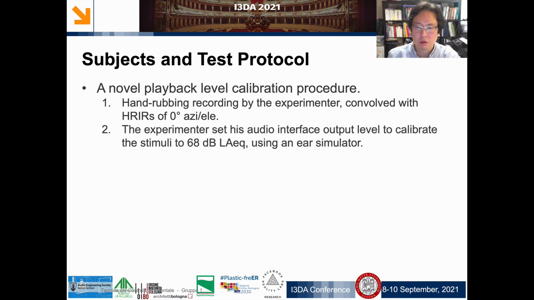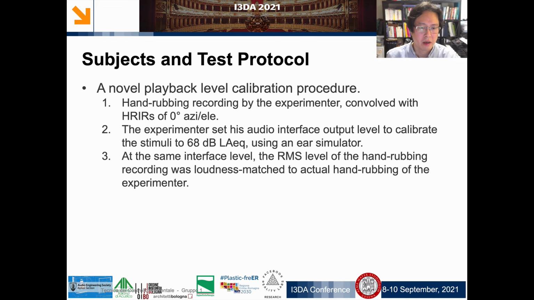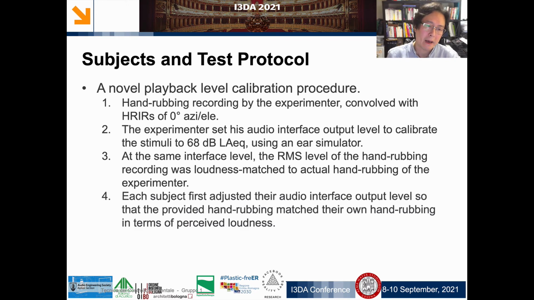I set my audio interface level to calibrate this stimulus to 68 dB LAeq using an ear simulator. At that level, the RMS level of the hand rubbing recording was loudness matched to actual hand rubbing by myself. Each subject first adjusted their audio interface output level so that the provided hand rubbing matches their own hand rubbing in terms of perceived loudness.